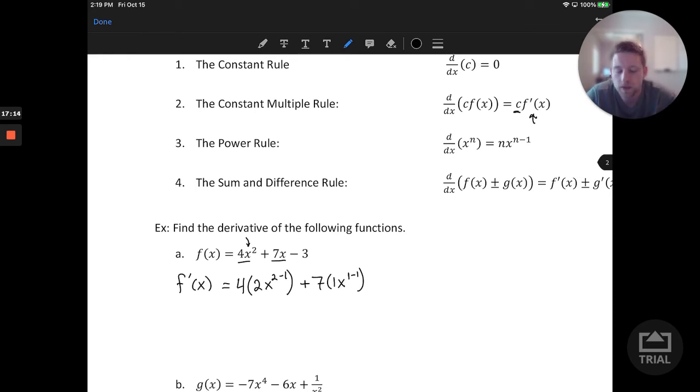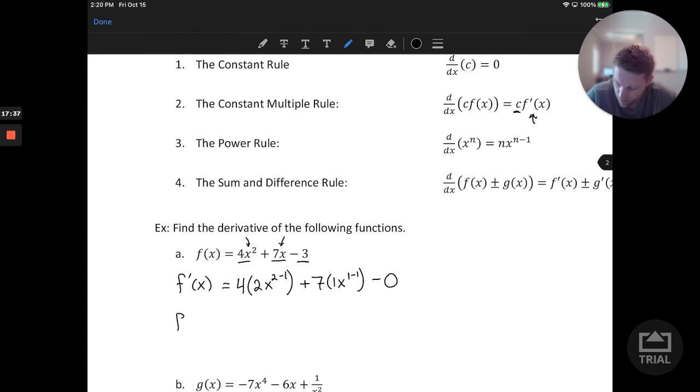So whenever we have a linear term like this, the derivative is simply going to be that constant. And then the last term, if we take the derivative of -3, the constant rule comes into play, and that's just going to be 0.